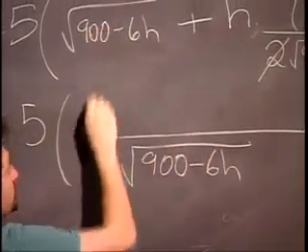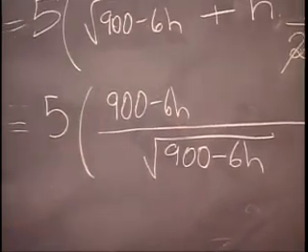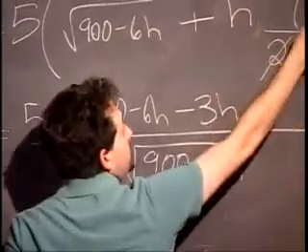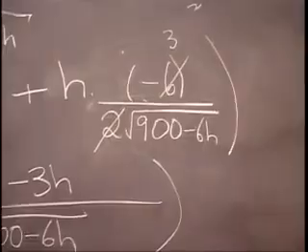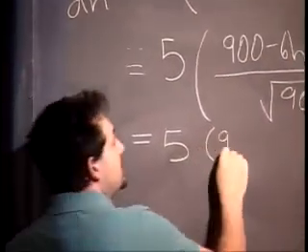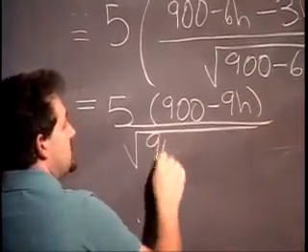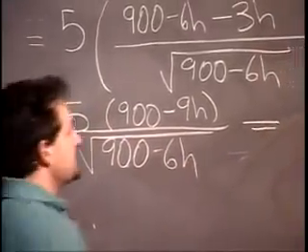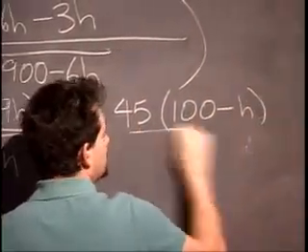And that causes this to become 900 minus 6h. The square root goes away when you multiply through. And then I better subtract out another 3h, and that came from the minus here, then the 3, and then the h. If you work this out, this is 5 outside of 900 minus 9h over root 900 minus 6h. And we might as well factor out a 9 and write this as 45 outside of 100 minus h over the square root.